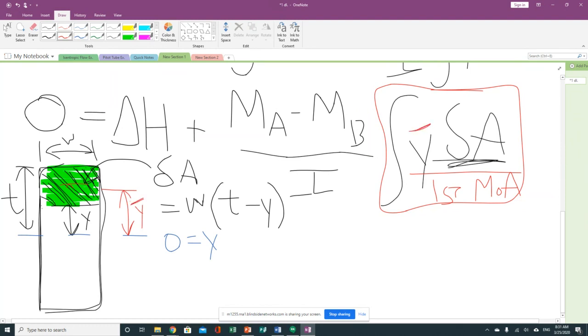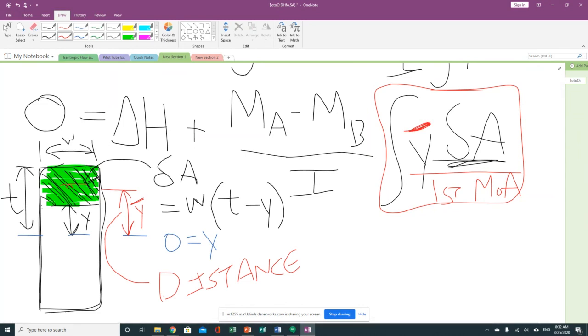That would be a better way to state it. Instead of this being just y, it'd be better to say a y bar. It's the y that corresponds to that particular dA.